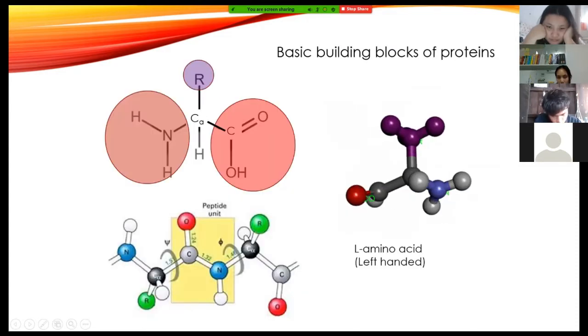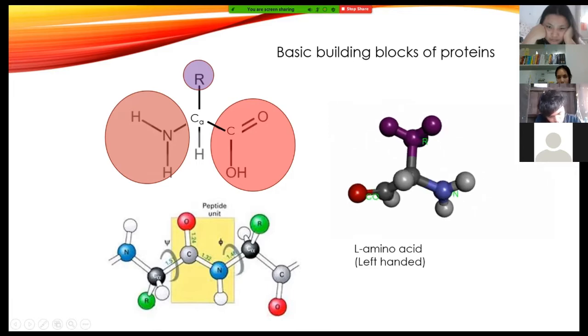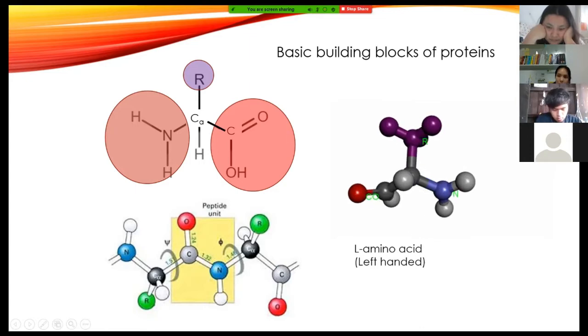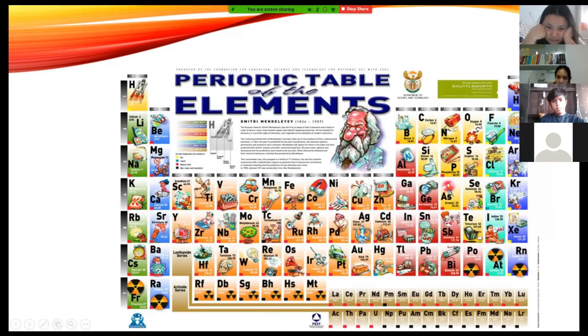So the basic building block of protein should be emphasized a lot in Ajahn Chanan's class already. Basically, the protein chiral molecule has L amino acid chirality, and the torsions and everything should be mentioned in other classes already, so I should go quickly.